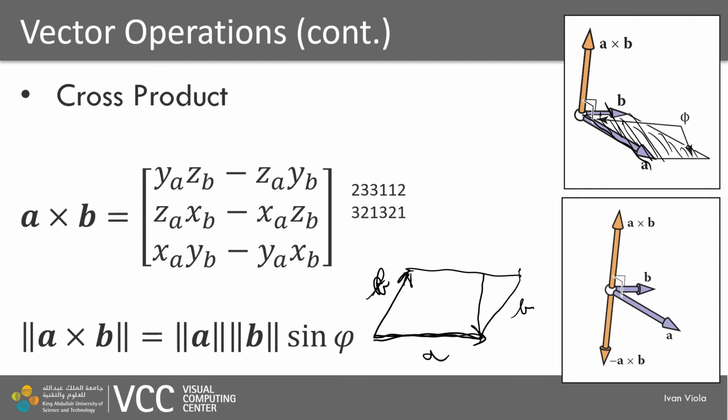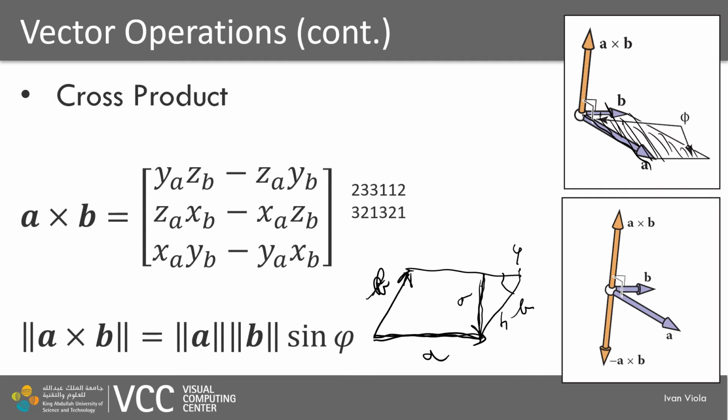So let's say that this is the phi here between A and B, and this is the opposite side to the phi, and this is the hypotenuse. So sine phi here defines the ratio between the opposite side and the hypotenuse. But the hypotenuse at the same time is B.